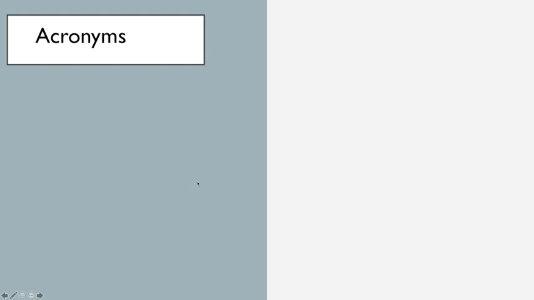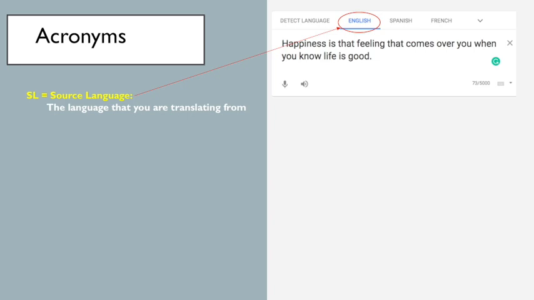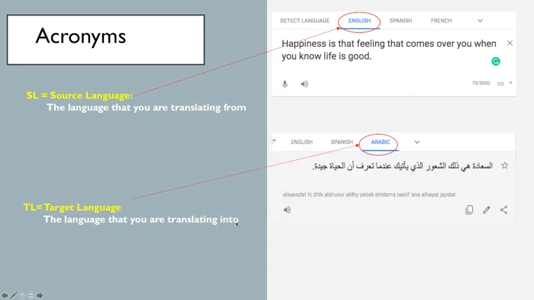As for the acronyms that every student should know, we have SL, which means source language, which is the language that you are translating from. In our case, it is English. The other acronym is TL, which is the target language, that language that you are translating into. And of course, it's going to be Arabic in our case.